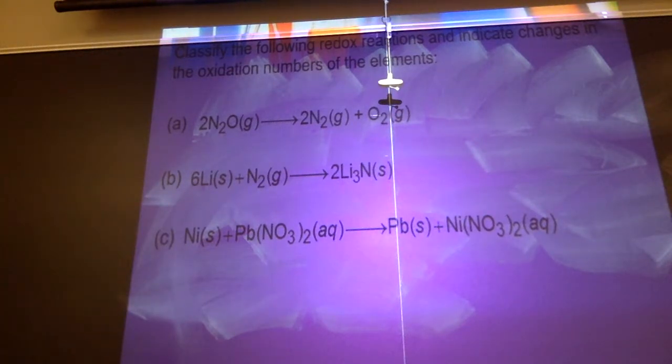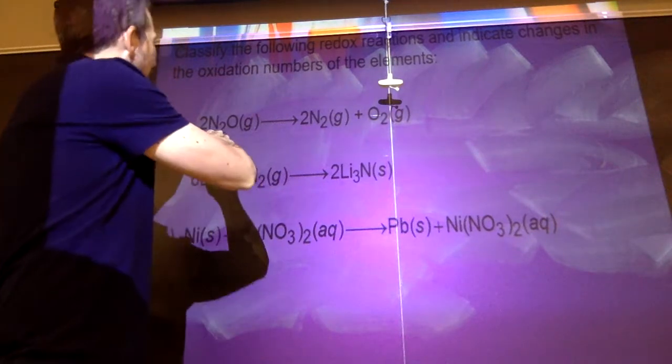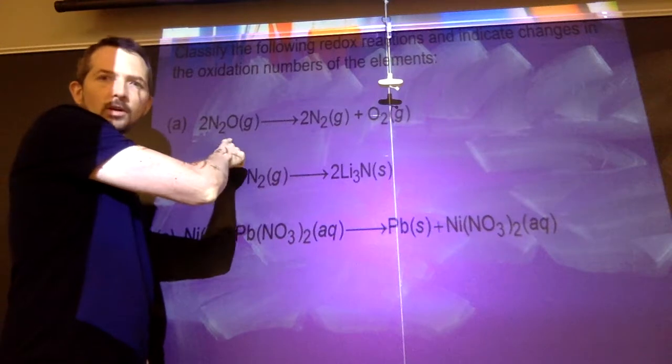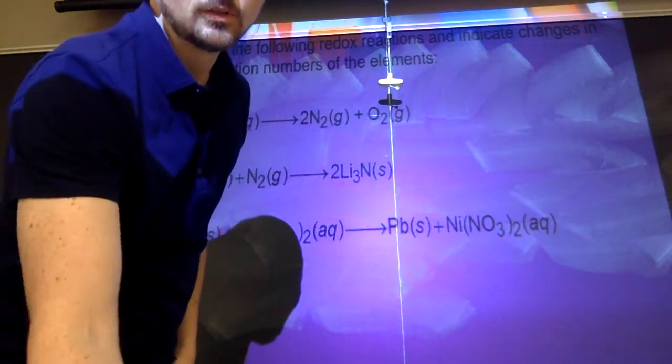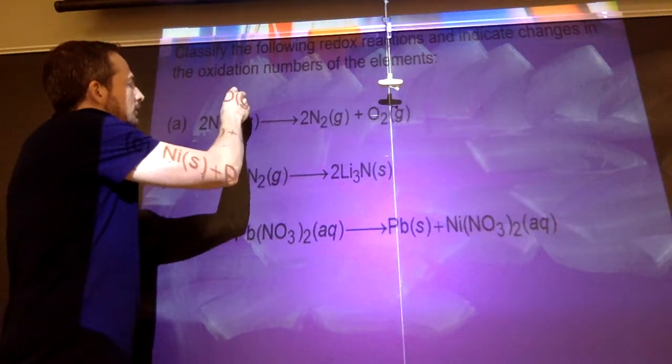It says here, classify the following redox reactions, indicate changes in the oxidation numbers of the elements. So let's do that. So here I have N2O. So I know oxygen's a 2 minus.